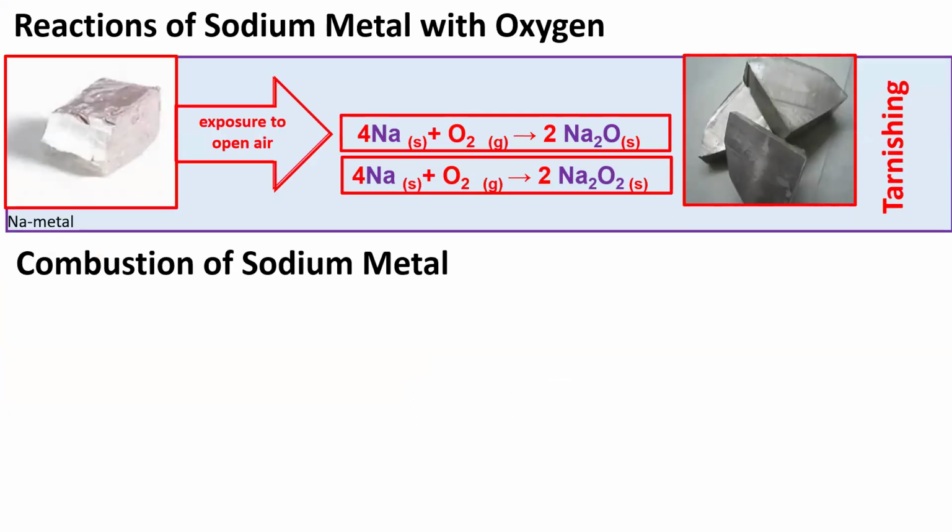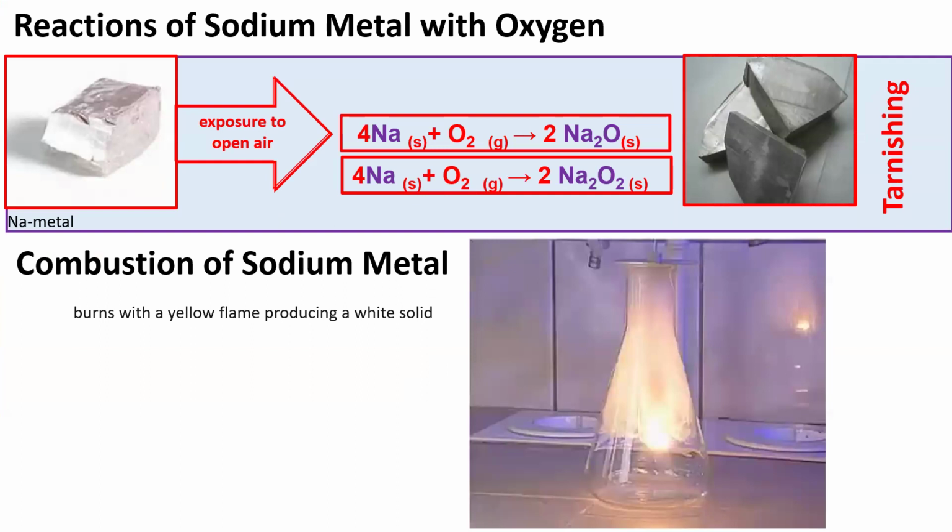So in combustion of metal, even you can see a yellow flame, and this yellow flame is a result of strong combustion of sodium metal or strong reaction with sodium metal during ignition in the lab. And in some practicals, maybe you are able to see this directly.